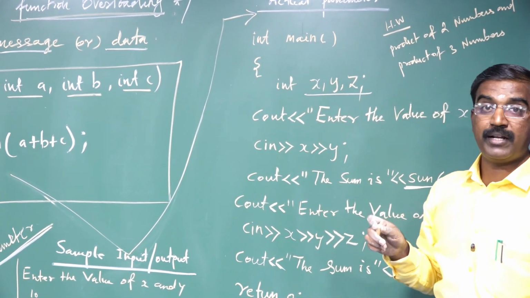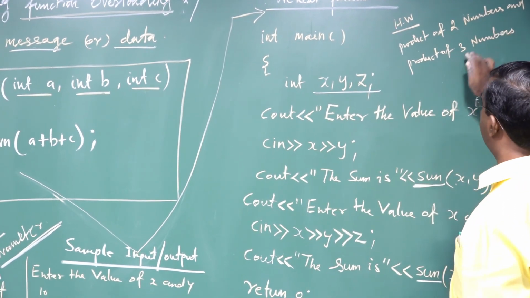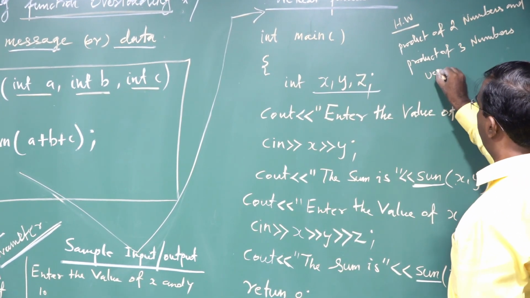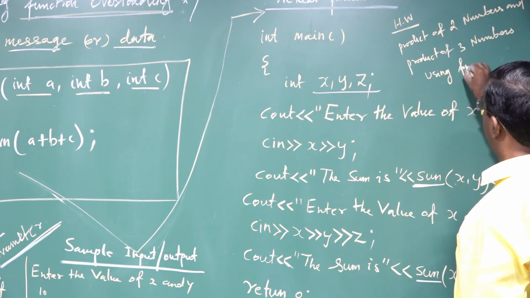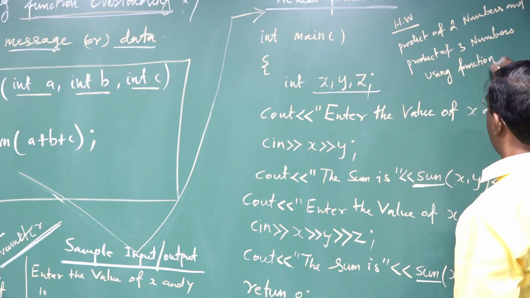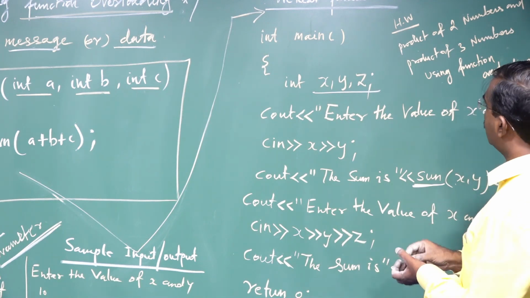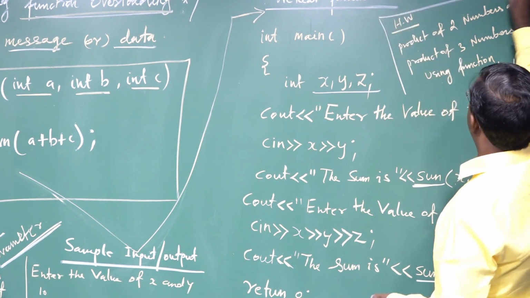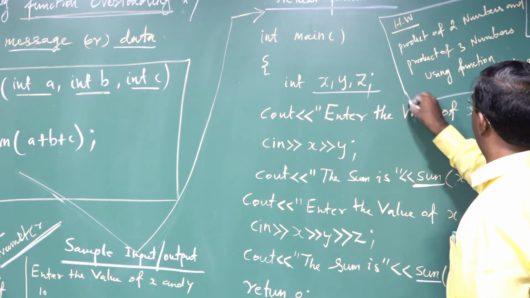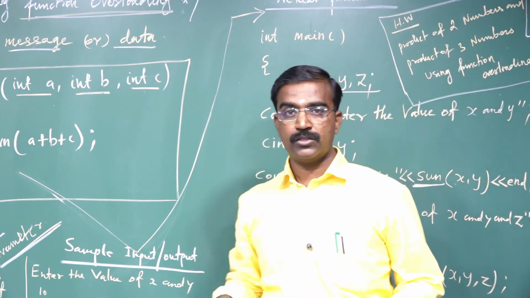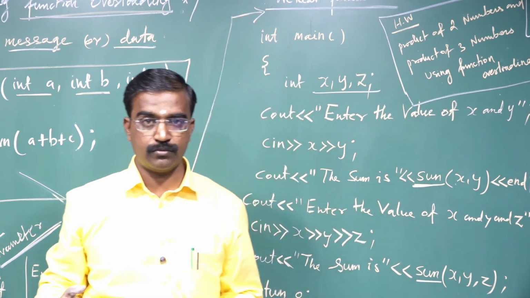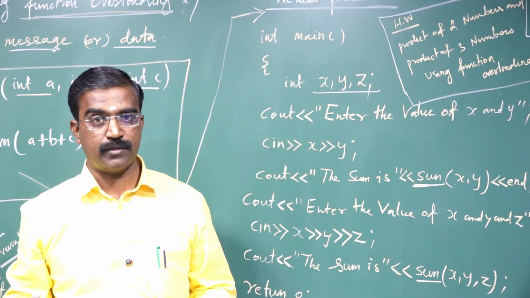Product means multiplication of 2 numbers, multiplication of 3 numbers using function overloading. Okay, this is homework. You have to work it out in your computer fair note. Take a photocopy and then send it to my personal WhatsApp number.